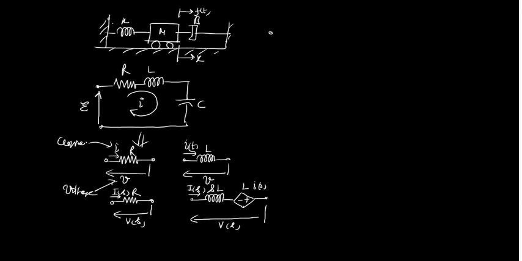Okay. Similarly, if you have a capacitor, let's say the voltage is V, the current flowing here is I, and the value is C. So this is represented like this: 1 by Cs, and this one was plus minus Vc0 by s.